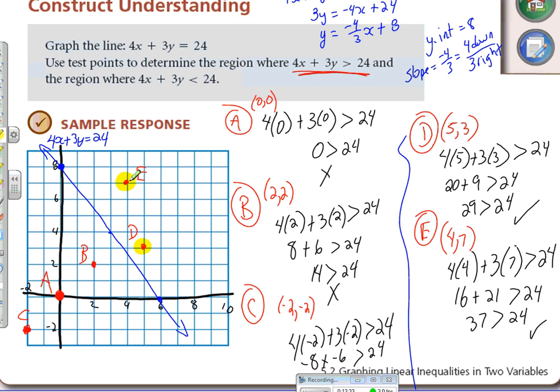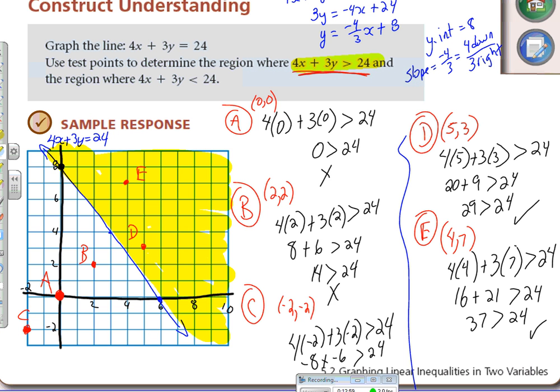If I would choose any point in this area here, I would be greater than 24. So this whole yellow area, any point in that yellow area will satisfy that first equation, or inequality. The second one now says, where is it less than 24?